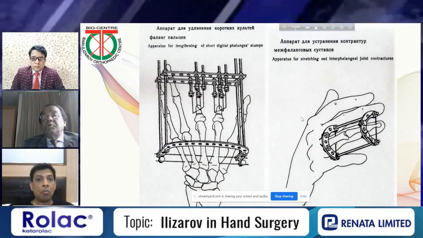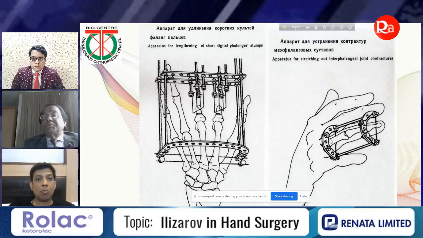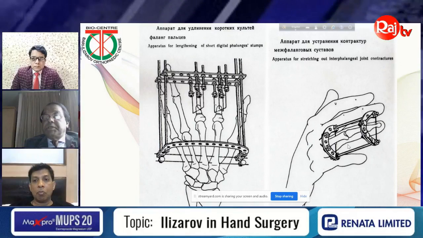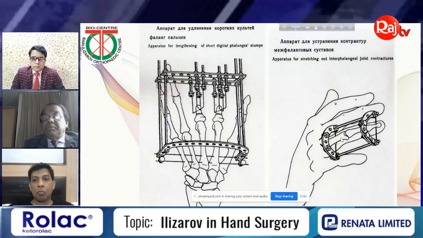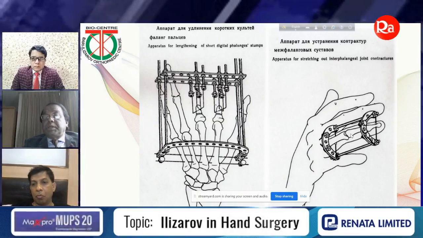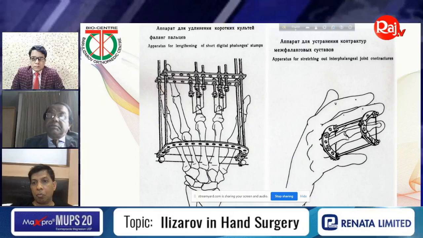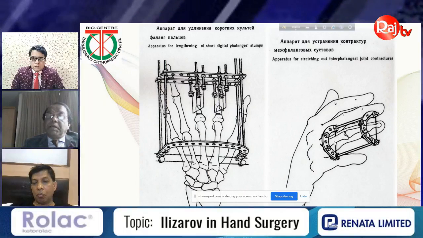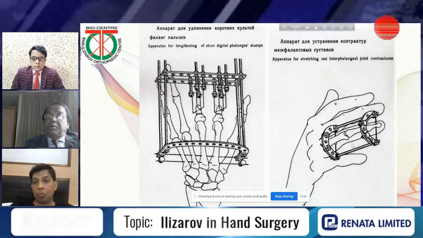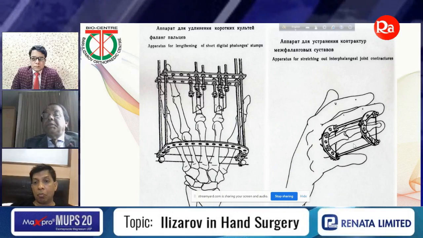Here you can see stretching out of interphalangeal joint contracture. If you have a contracture here, limitation of movement in the joint, that is called contracture, in one plane, and you can go for lengthening like this. You can correct the contracture of the interphalangeal joint.